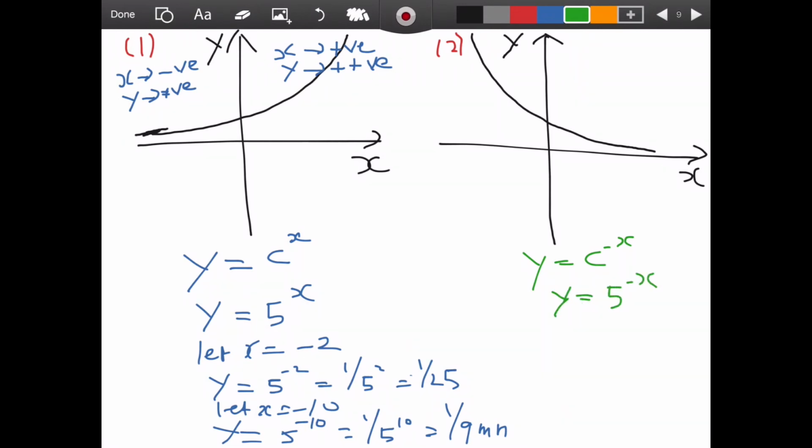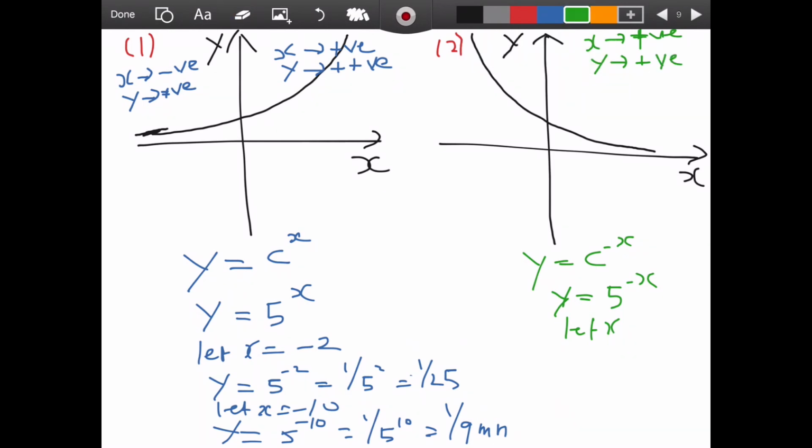Over here you can see that when x is positive, y is also positive, but a very, very small positive number, in fact reaching 0 as x increases.